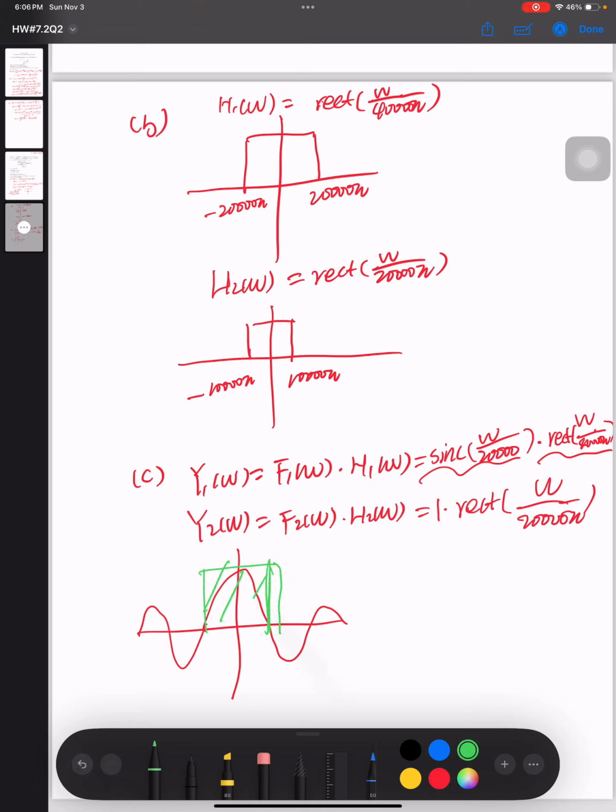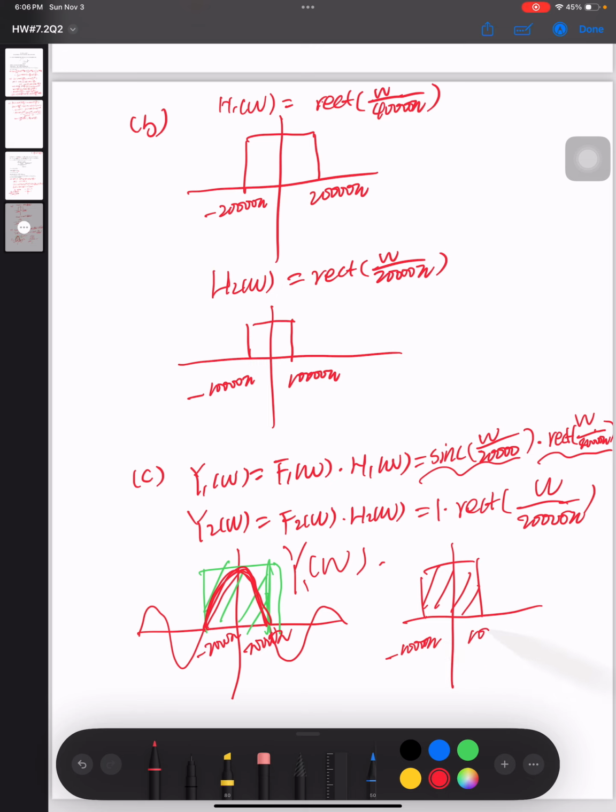So eventually only this part is left. This is y1 omega. And this is 20,000 pi, and this is negative 20,000 pi. And for this part, there's no change. It's still this part, which is negative 10,000 pi and positive 10,000 pi. This is y2 omega.